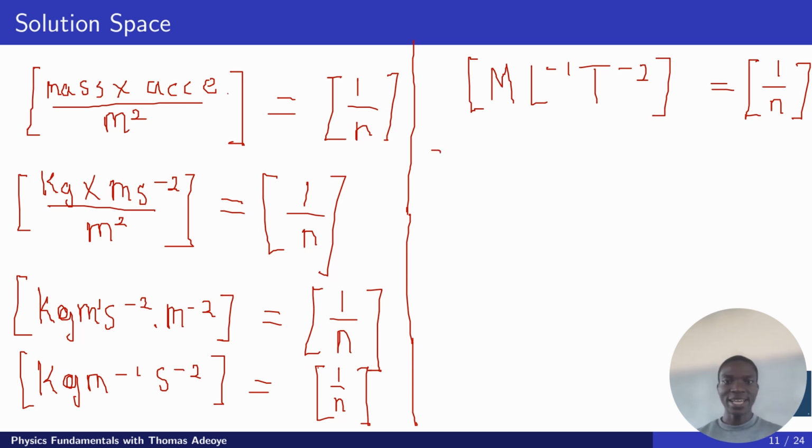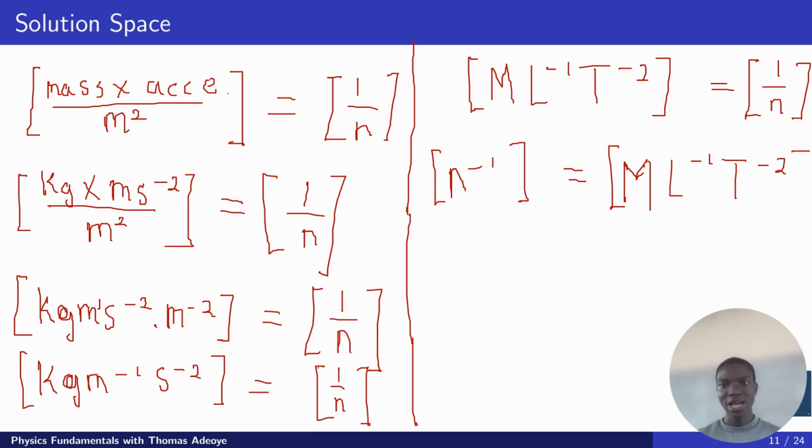I can say that n raised to the power minus 1, do you get it, equals to M raised to the power 1, L raised to the power minus 1, T raised to the power minus 2. And I can multiply through by minus 1, so that I now get this to be n. n will now be equals to, here M has just 1 before, so it becomes minus 1.